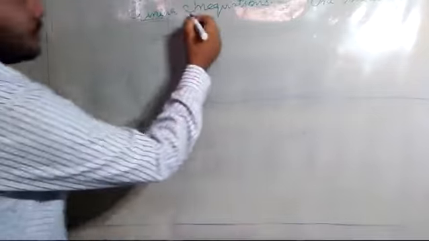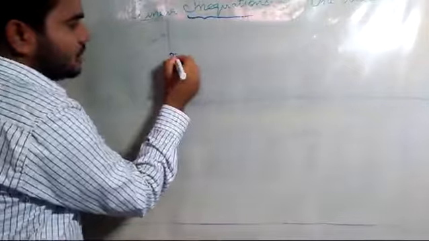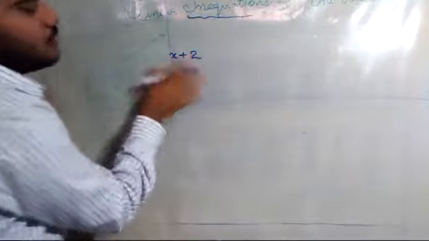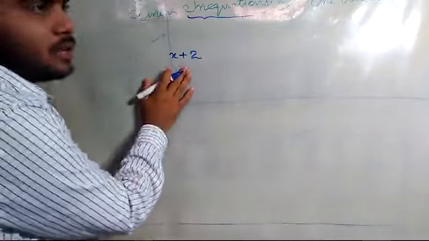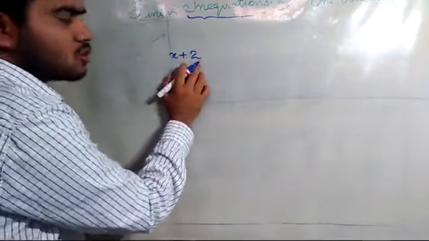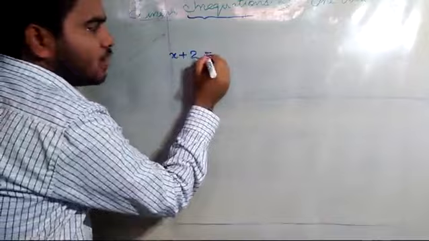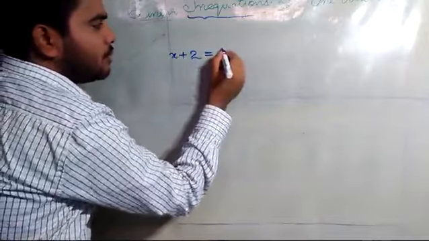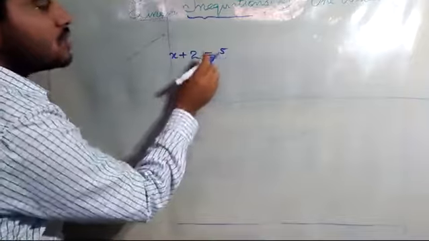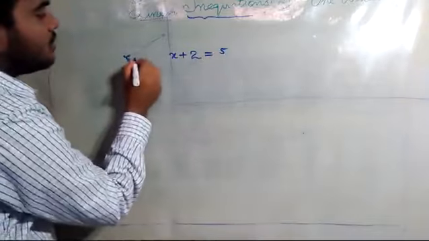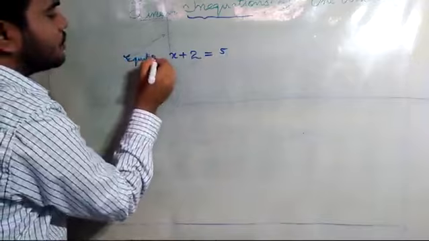Inequation means something that is not fixed. For example, if I say x plus 2, all of you know it is a polynomial having a variable plus a constant. If I write it equal to a certain value, for example 5, then this becomes an equation.